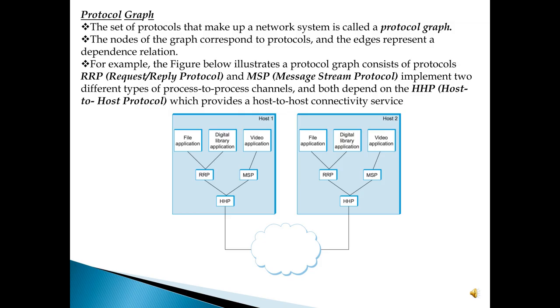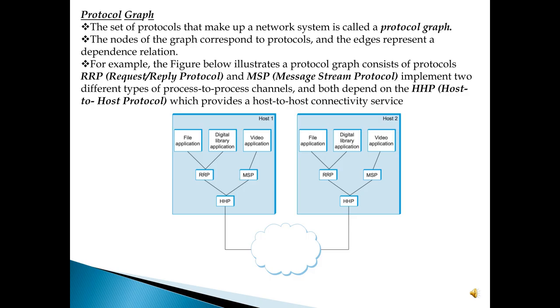Now we have a protocol graph. The set of protocols that make up a network system is called a protocol graph. The nodes of the graph correspond to protocols and the edges represent a dependence relation.